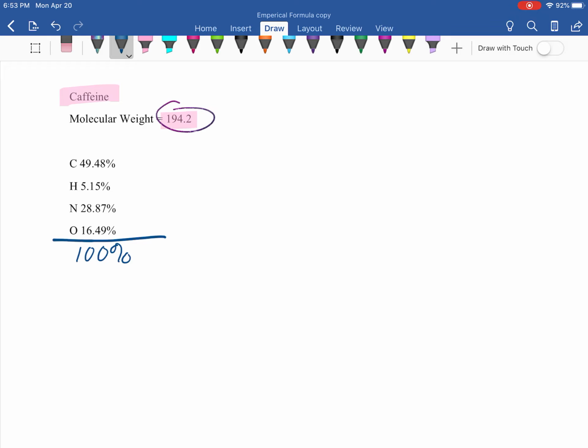I'm just going to add them up right now while we're talking. I'm getting just shy of, but quite easy to round. So let's keep that at 100. I'm getting 99.99, so awful darn close. So I'm going to call that 100, and I'm going to write these all in grams.